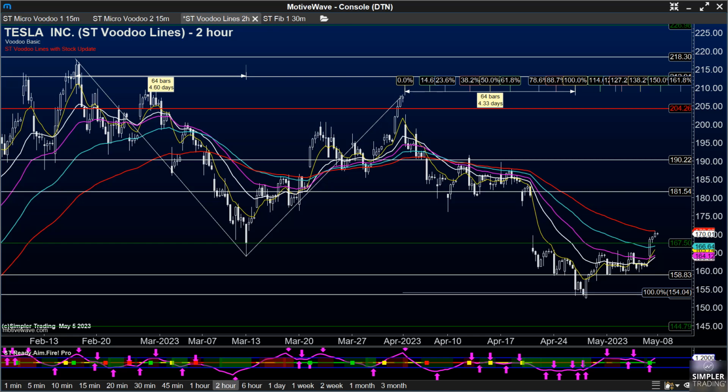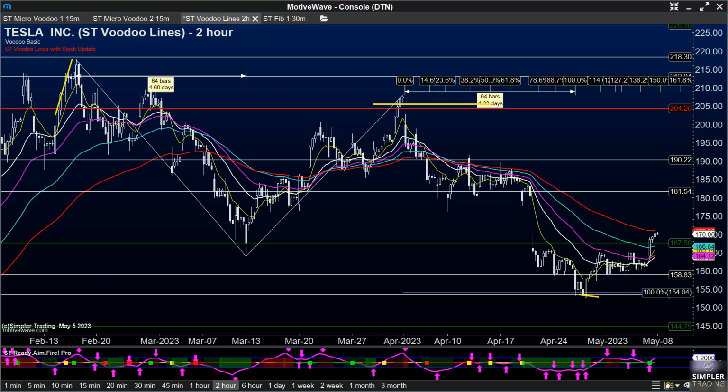So you might ask, why are we identifying this today as opposed to back here last week? It really comes down to the fact that what I was saying back then is that the Voodoo fire line, the most important level from the Voodoo Lines, is up here at 204.26.